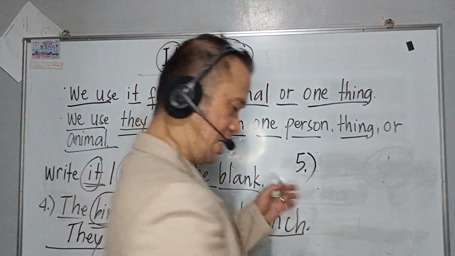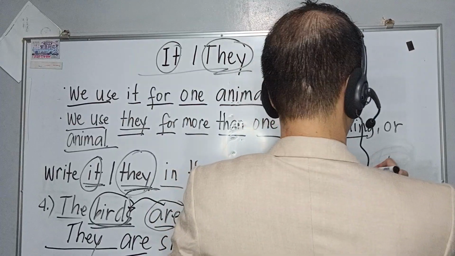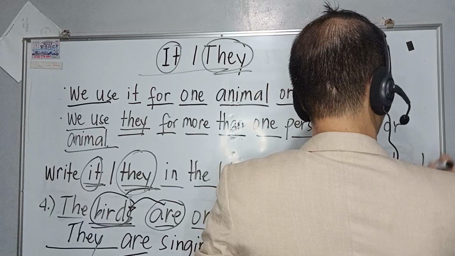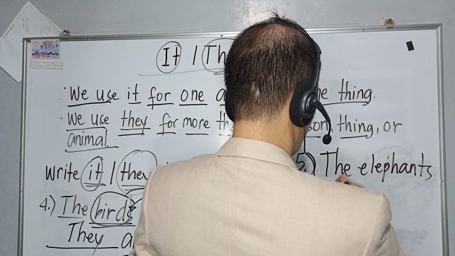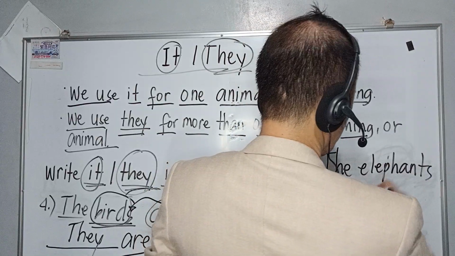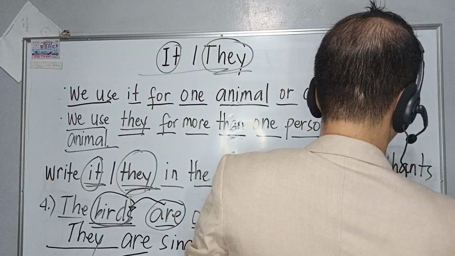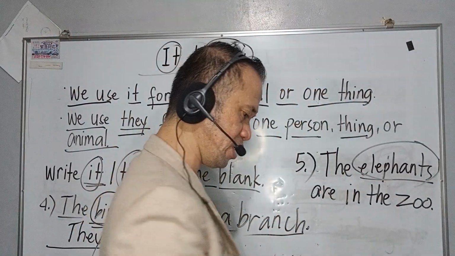For number 5 class, we have: the elephants are in the zoo. So we are going to underline or encircle the word elephants, alright?